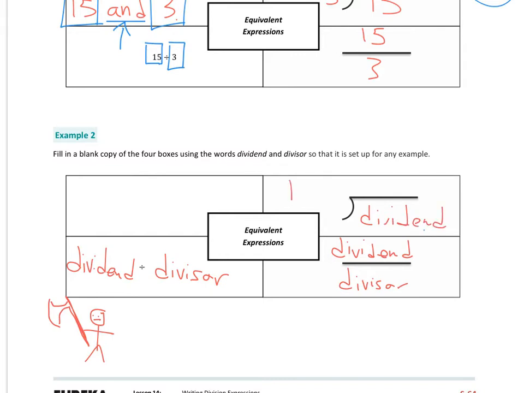Dividend. Sorry, I'm trying to write this fast. Divisor. And then this one would be the quotient of the dividend and the divisor.